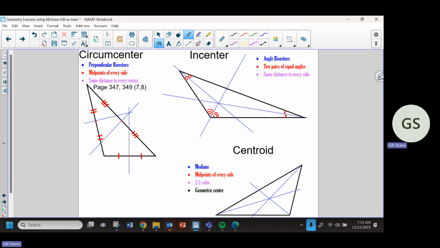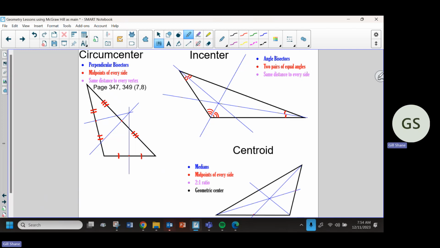What is the name of the point of concurrency created by altitude? We just did it. Actually, we did it twice. Is it Incenter? Nope. It's not up there.